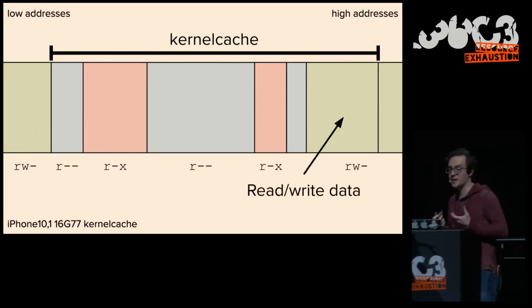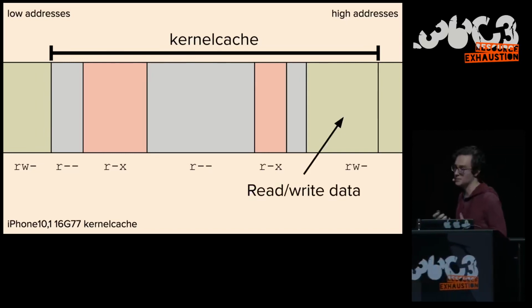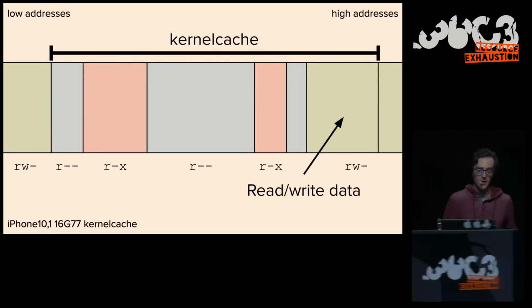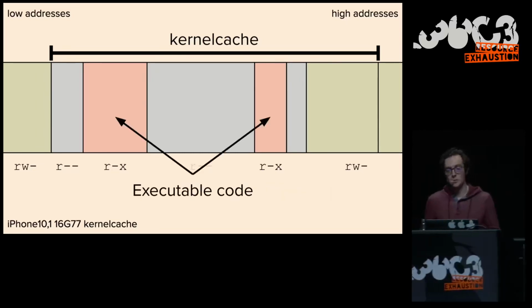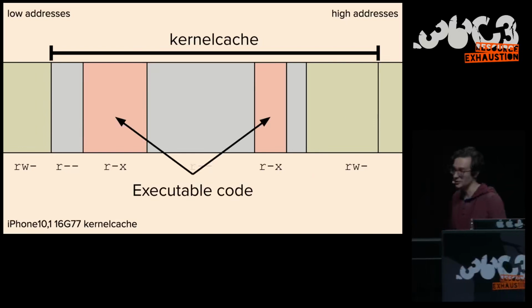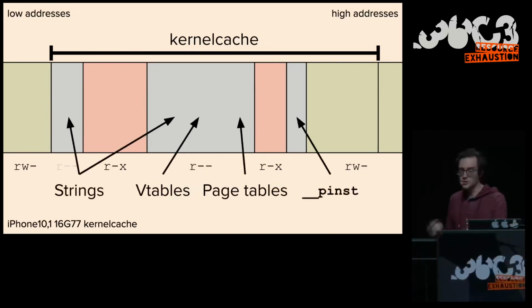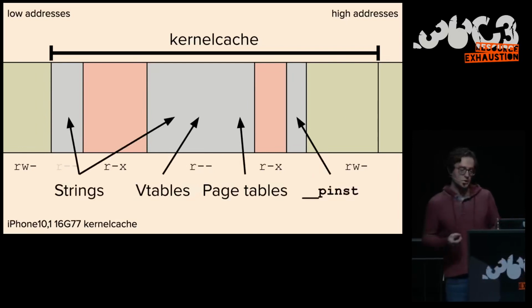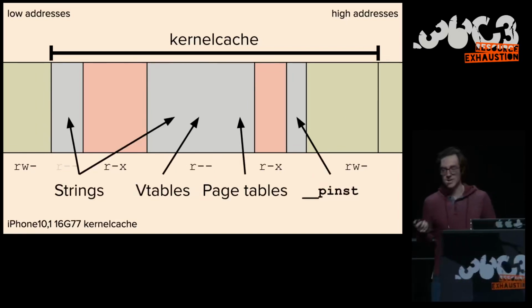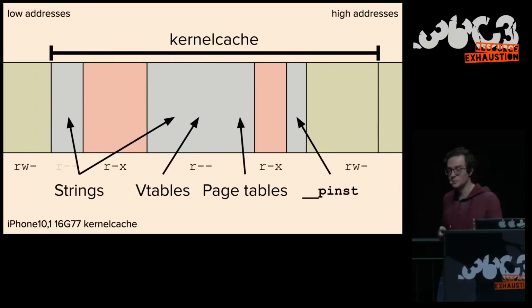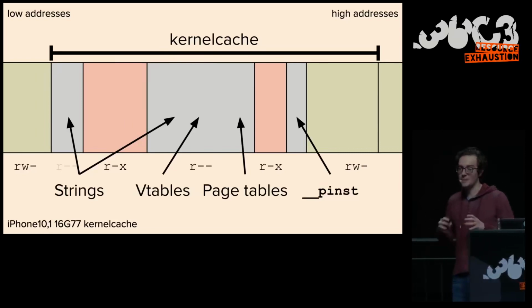So there is some data in your kernel which does need to be writable. But there's also a bunch of data which really does not need to be writable. The most prominent example is the executable code. Clearly, we don't want that to be changeable. But there's also a bunch of other pieces of data which are worth protecting. For example, you have strings, maybe format strings, virtual method tables, the page tables that are mapping the kernel cache itself into memory.